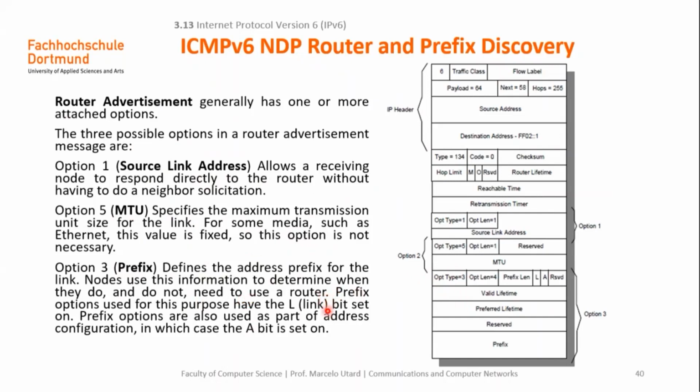Prefix options used for this purpose have the L bit, from link, set on. Prefix options are also used as part of address configuration, in which case the A bit is set on, the A that comes from address.